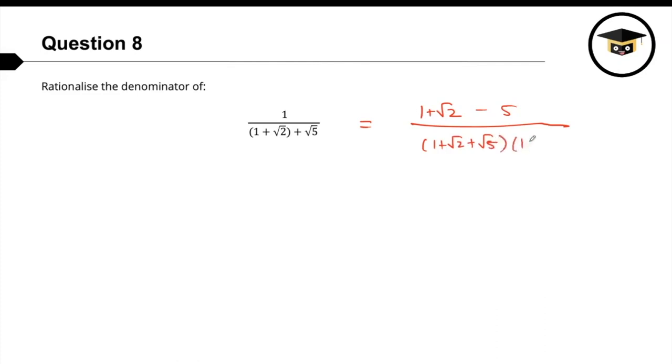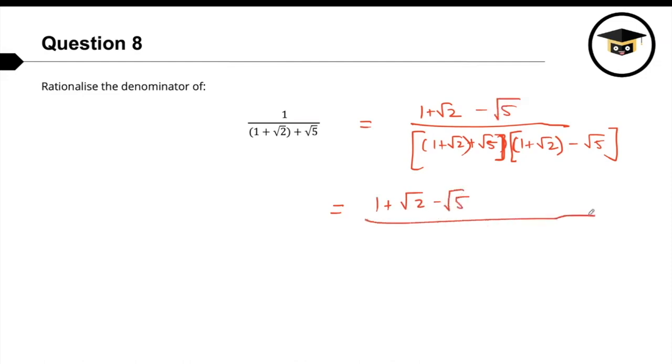And then 1 plus root 2 minus root 5. It might be a good idea to use these square brackets to differentiate how we're grouping these together. Okay, now what do we get? On the top is just 1 plus root 2 minus root 5. Forgot that there. And on the bottom, we're going to get a difference of squares, right?